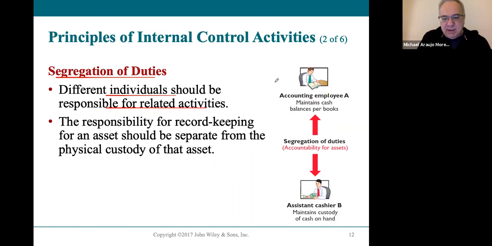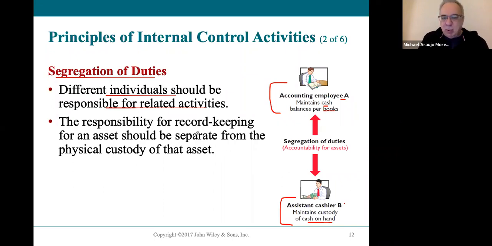So for example, here, accounting employee A is maintaining the record of how much cash the business has, right? Whereas employee B is actually handling the cash. So both employee A and employee B should have the same amount of cash accounted for, whether it's in writing on the books or physically in front of them, right?